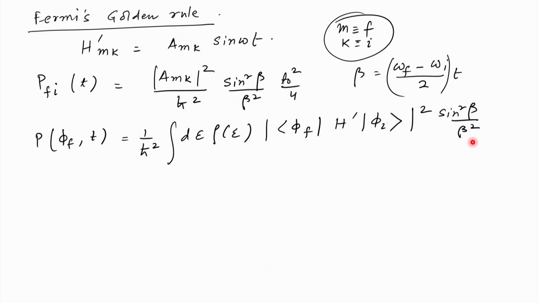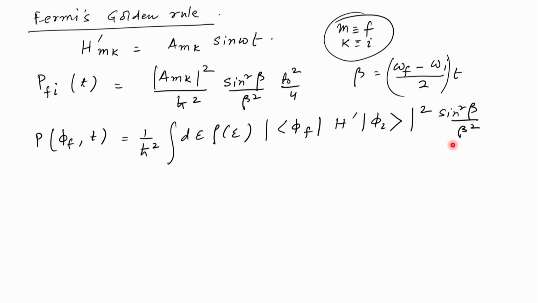Now, it is not too difficult to understand that both these quantities are somewhat slowly varying quantities. The only quantity that varies very rapidly, for the resonant term, we are talking about just the resonant term, is the sin square beta by beta square.